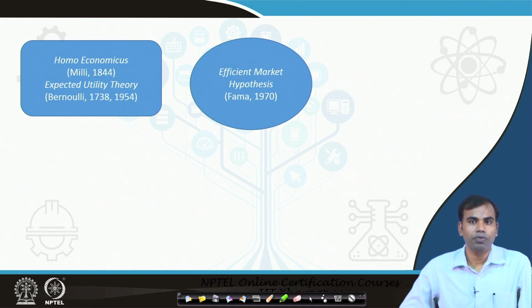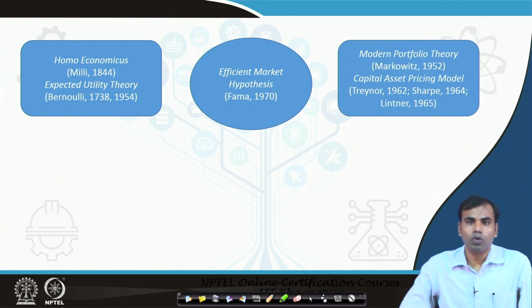Having developed this efficient market hypothesis, Fama and other researchers started proposing the implication of this market efficiency hypothesis to different asset pricing theories. So, several researchers including Markowitz, Treynor, Sharpe and Lintner started working on utilizing this efficient market hypothesis to explain the pricing model in financial markets.